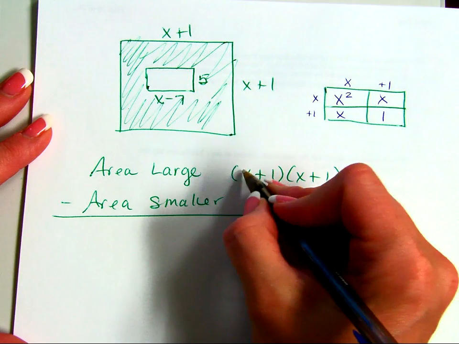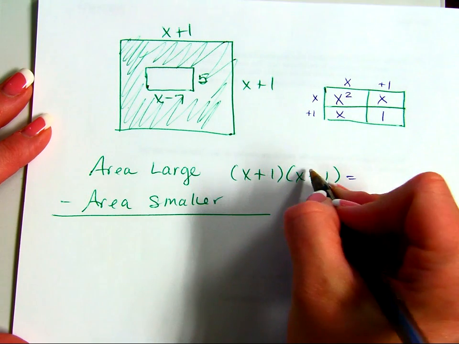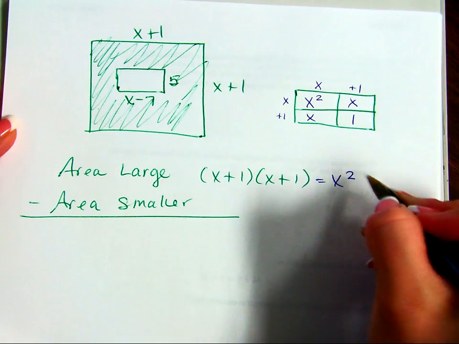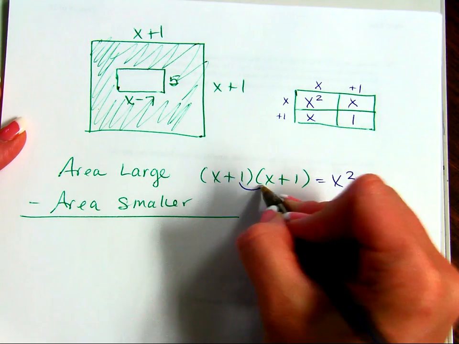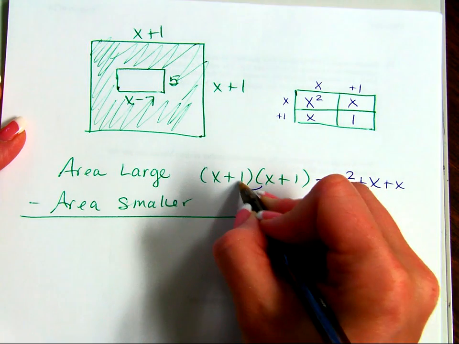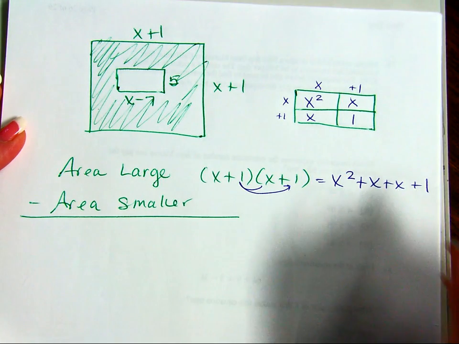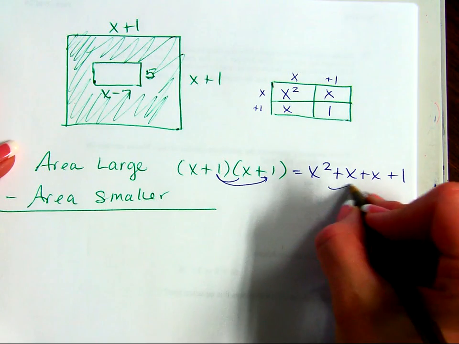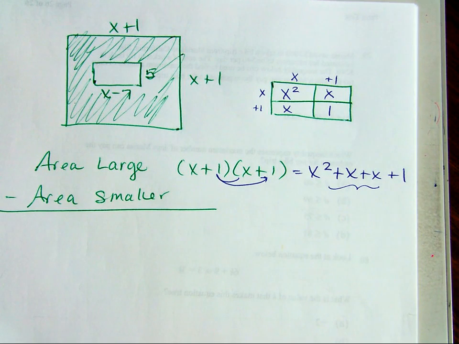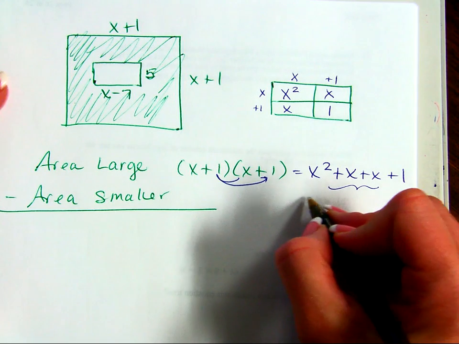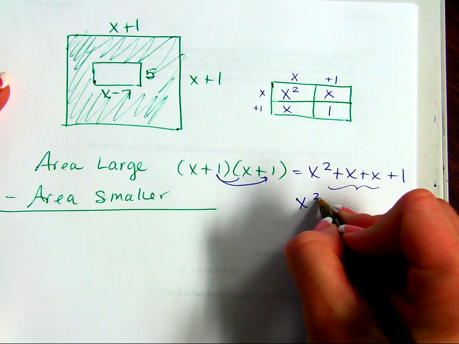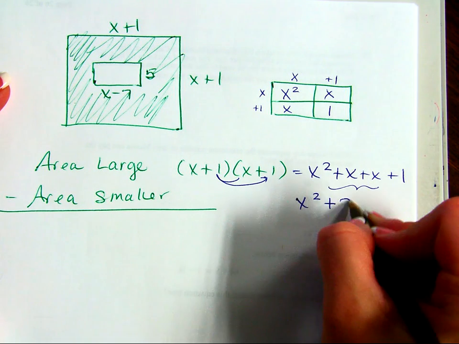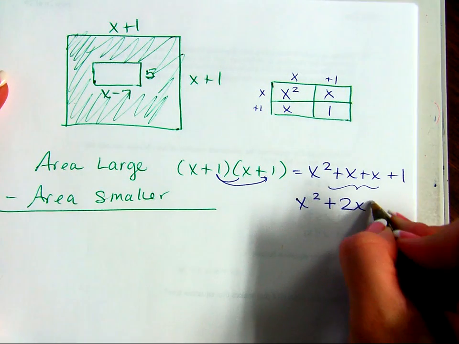Or if you FOIL it, you're going to get x squared plus x plus another x plus 1, right? And combine that. When you FOIL, the easy thing to know is that your two middle just get combined. So that's going to be x squared plus 1x plus 1x is 2x plus 1.